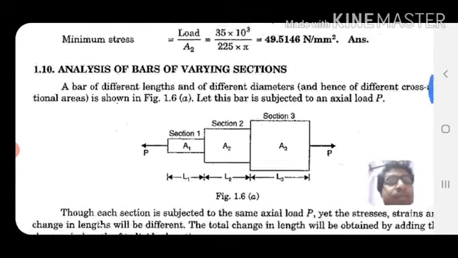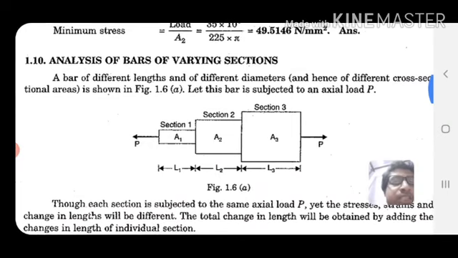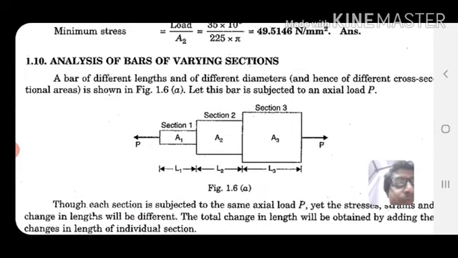Now, a bar of different lengths and different diameters, that is different cross-sectional areas, is shown here. First one is the area A1, second one is the area A2, and third one is the area A3. And the lengths are L1, L2 and L3.